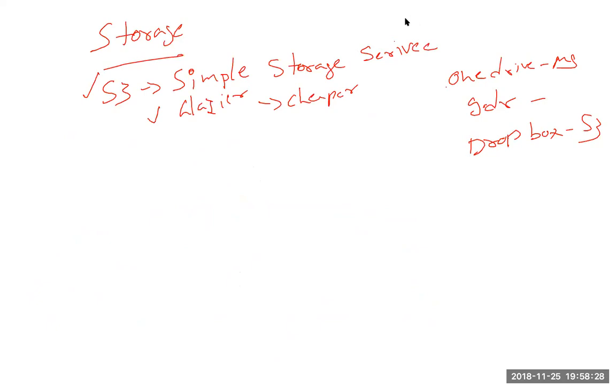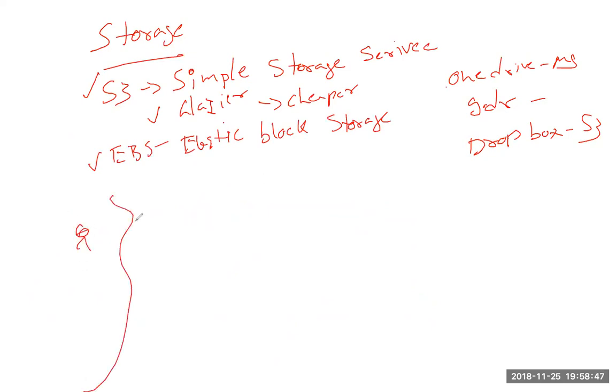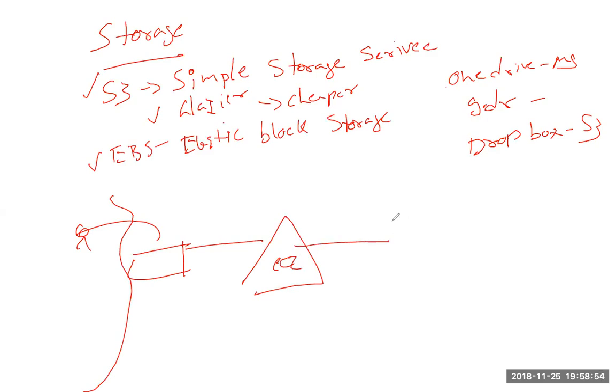I told you anything that starts with E means it is elastic. EBS is Elastic Block Storage. Now, let's say we have a user connected to a console. He is dealing with the service called EC2. What is the end result of EC2? The end result of EC2 is a virtual machine.